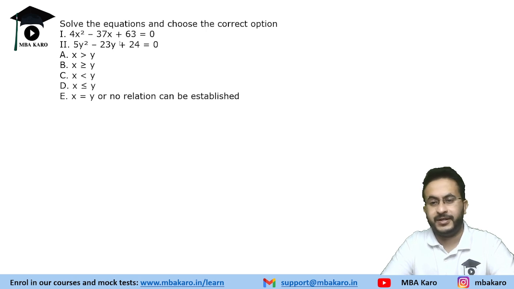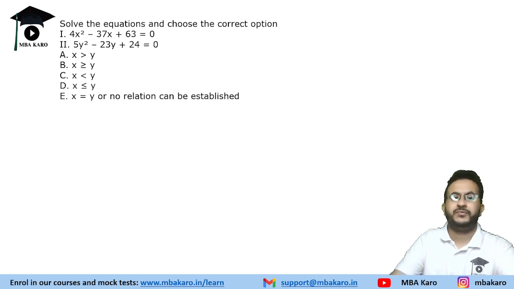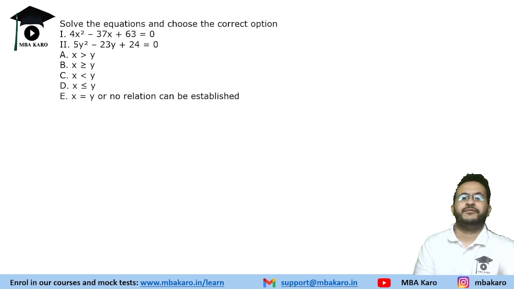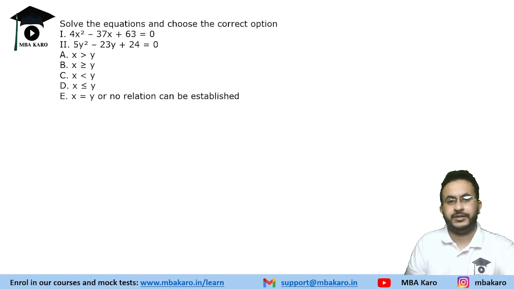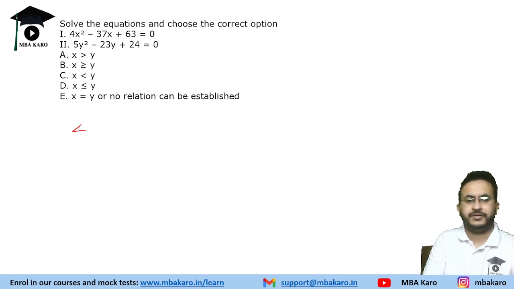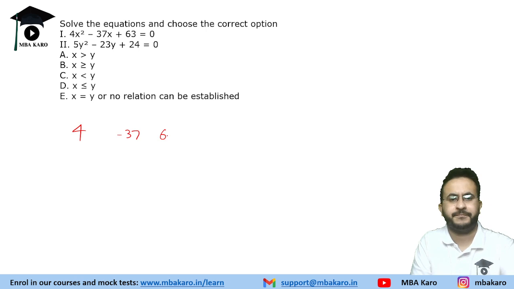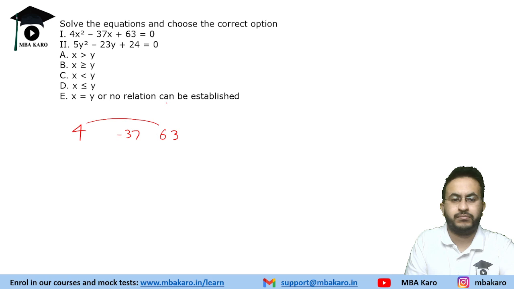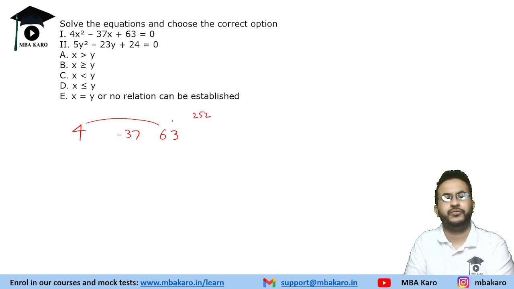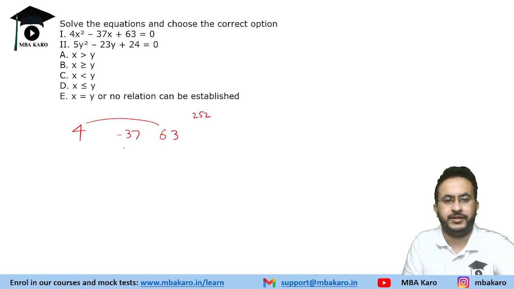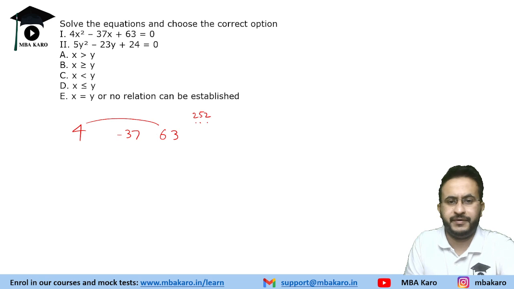Next question. Okay, now this is the typical one which has coefficient greater than 1. So we will do this distribution: 4 into 63 is 252. Okay, 252 can be divided by 9.